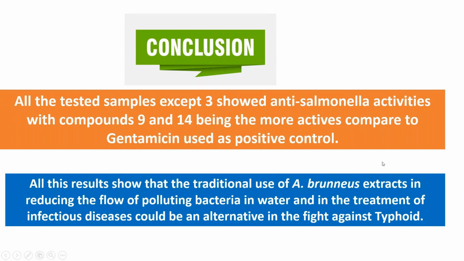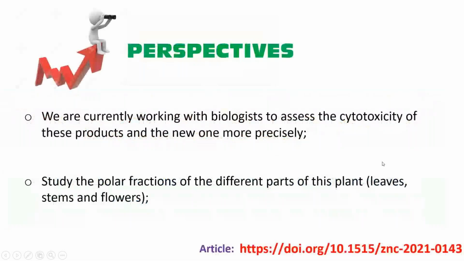So we are currently working with biologists to assess the cytotoxicity of this product and the new one more precisely. And we are also studying the polar fractions of the different parts of this plant: leaves, stem, and flowers. We are also looking for a collaboration to isolate secondary metabolites from fungi because we have to preserve the biodiversity, and the method we are using now uses a large quantity of plant material.